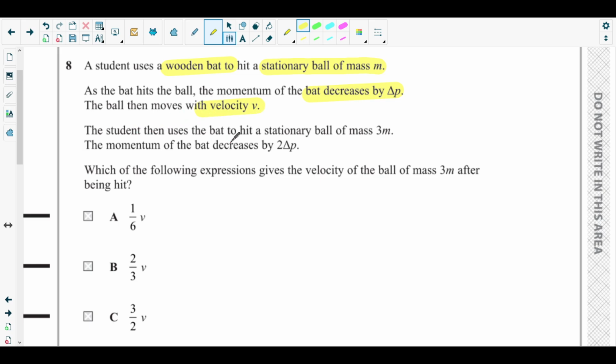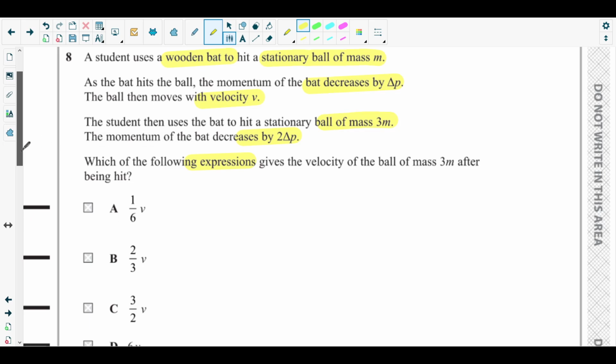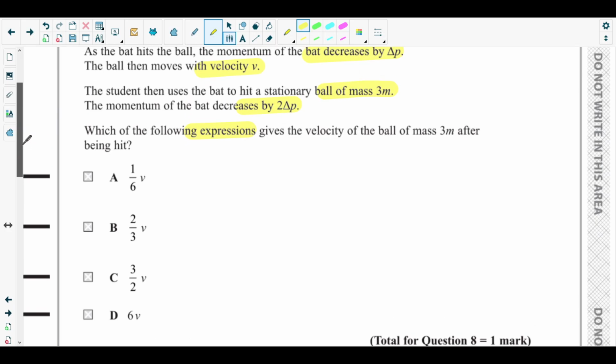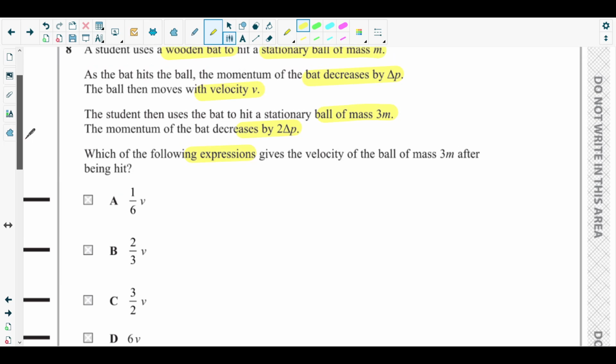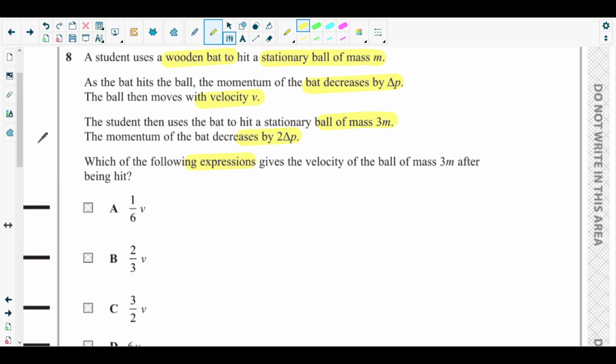The student then uses the bat to hit a stationary ball of mass thrice of m, that is 3 times the mass of the previous ball, right? The momentum of the bat decreases by twice of del p. Which of the following expressions gives the velocity of the ball of mass 3m after being hit?